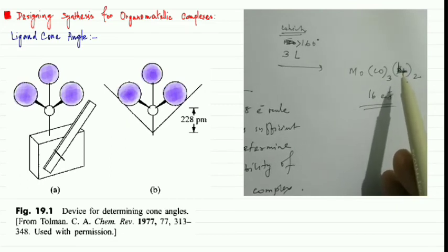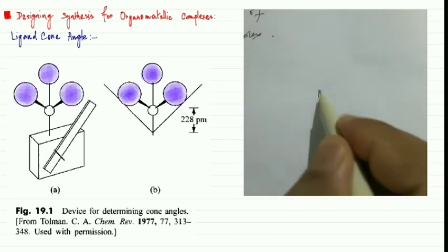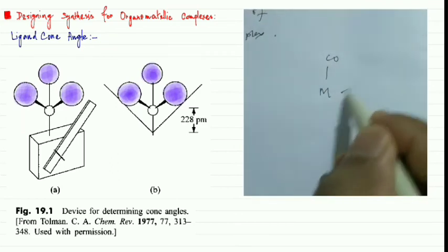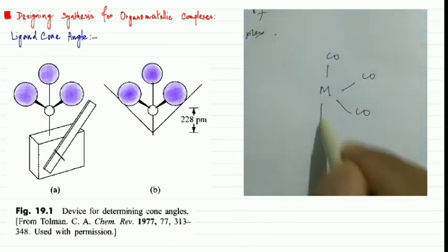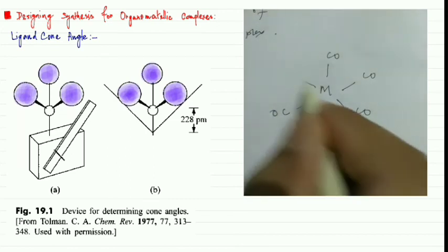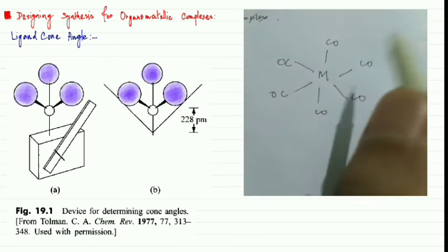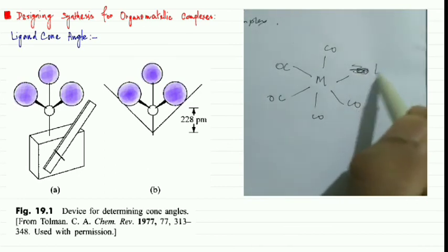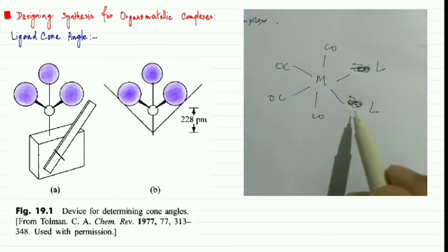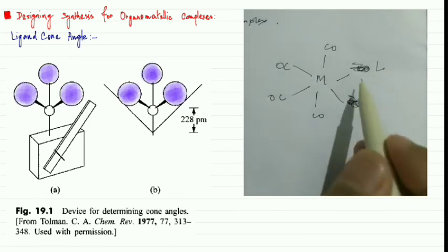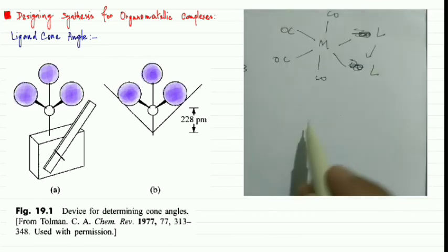Okay, understand? So let's suppose this is your carbonyl. If you try to replace only these 2 carbonyls by L, then it is not stable because they will repel. So what do we have to do?